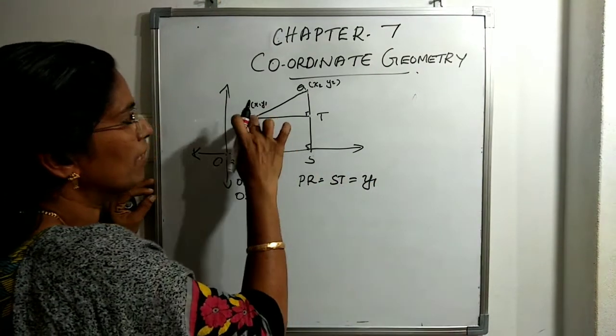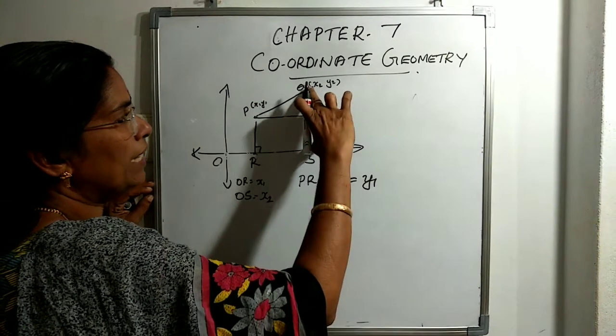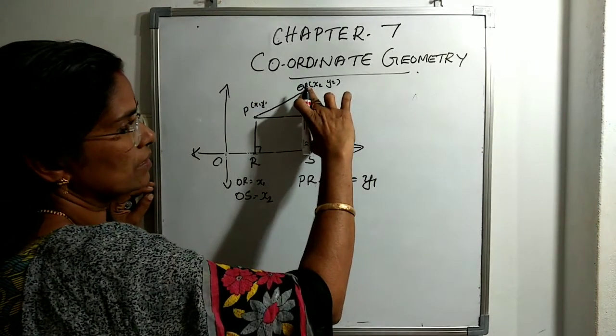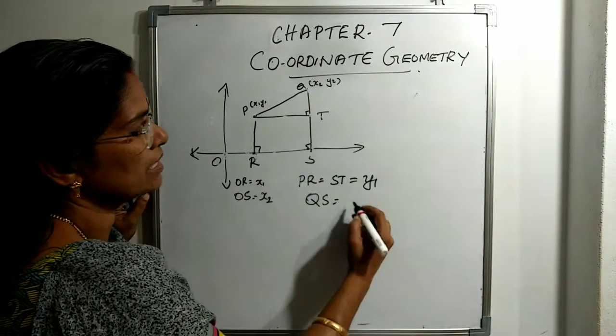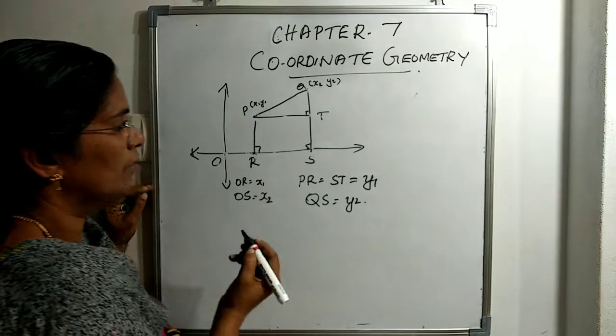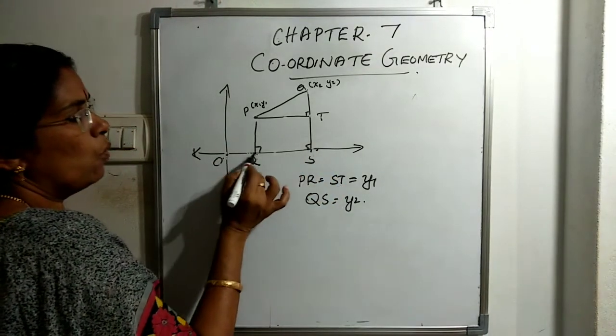The height is y1; the Y value is given here. So what is the height of QS? That is y2 itself. Okay, I told you OS is x2, OR is x1.